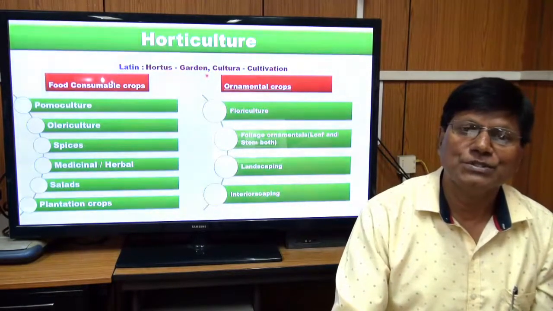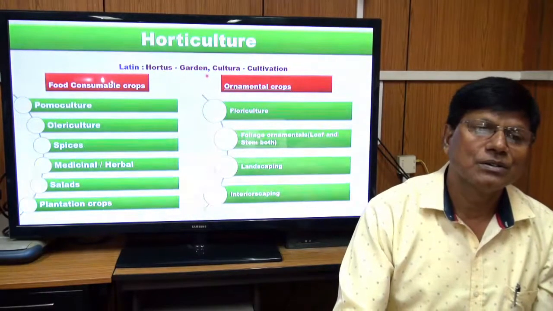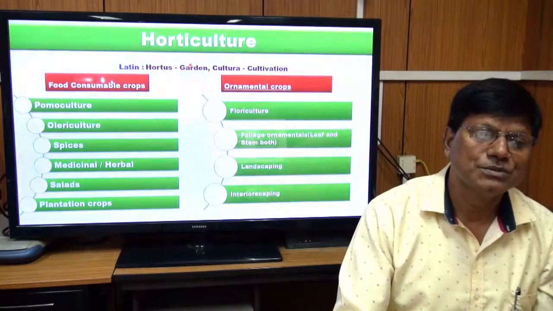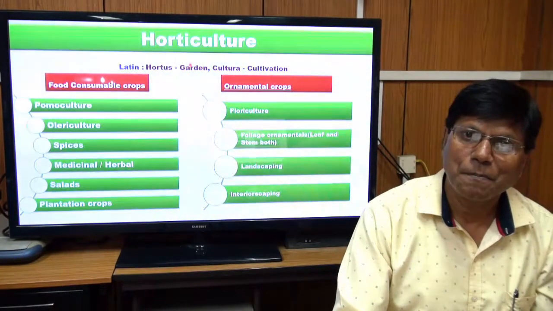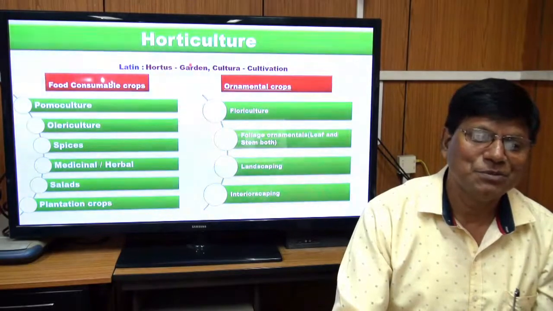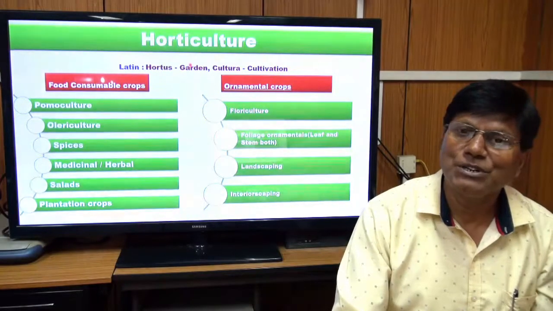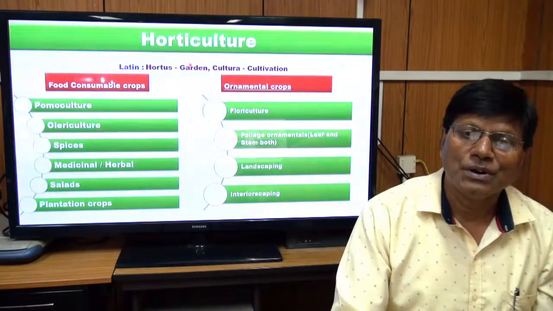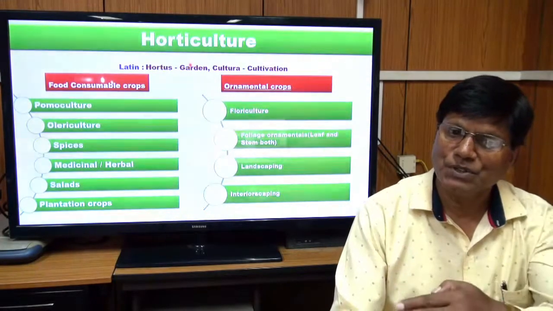There are many components, divided into two groups: food consumable crops like vegetables, fruits, spices, medicinal and herbal plants, salad, and plantation crops. We will deal separately with plantation crops. The second part is ornamental. Under horticulture, there is the food consumable part and the ornamental part.